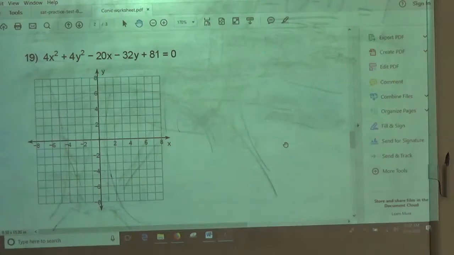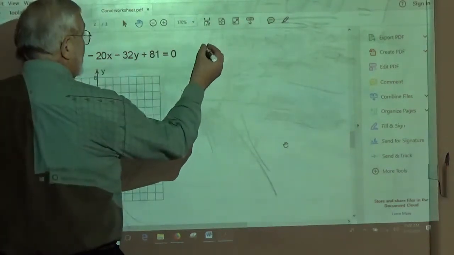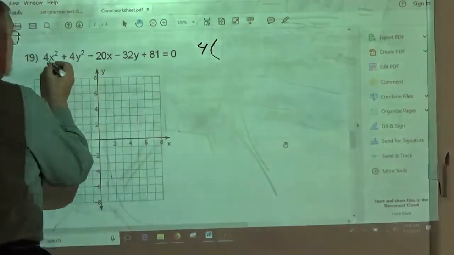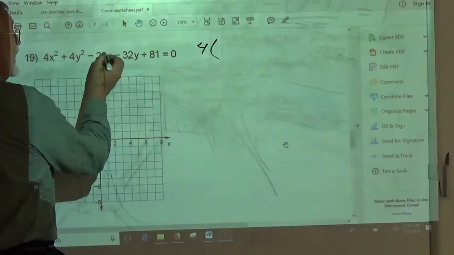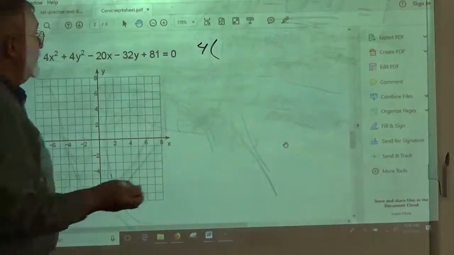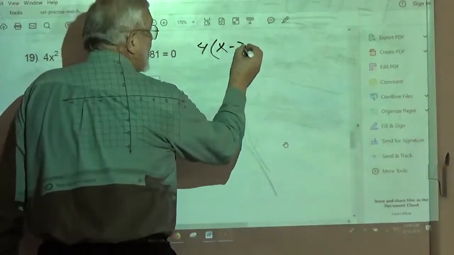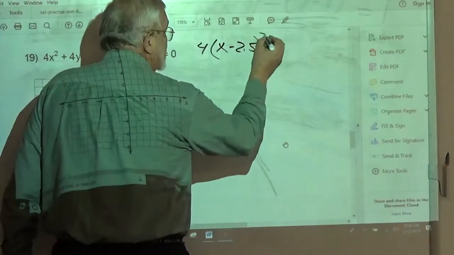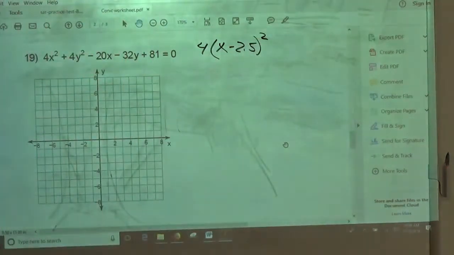When I pull a 4 out, I'm going to have x minus 5, which means taking half of that, x minus 2.5 squared. All right, ugly. What about the y?